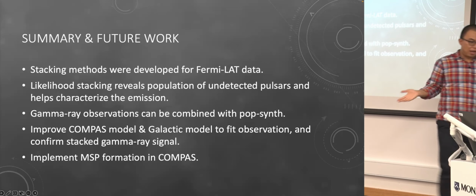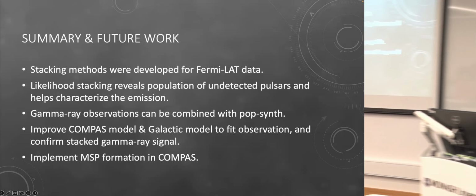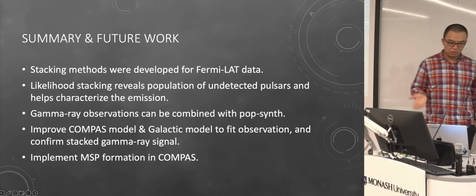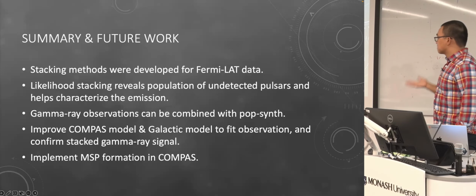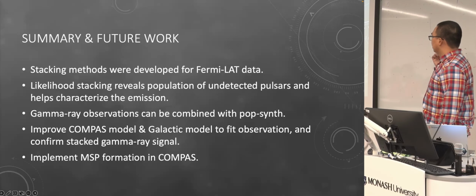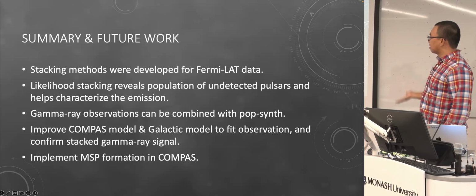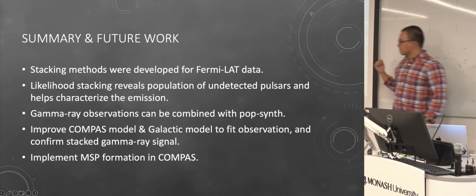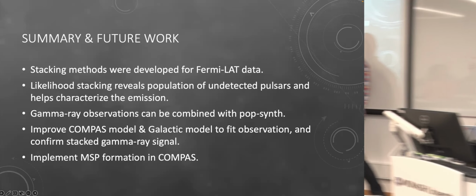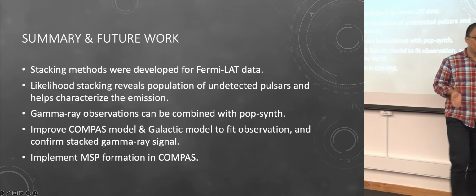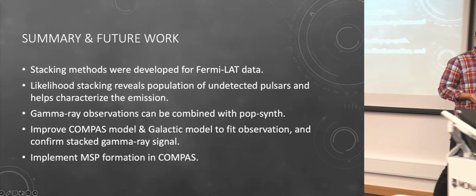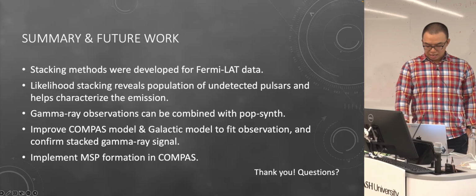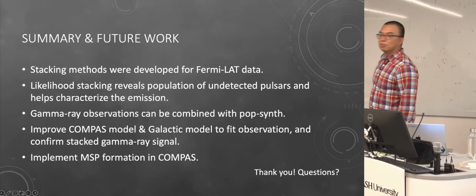I also talked about how we can use population synthesis, such as COMPAS, to explain the observed undetected population of pulsars. And hopefully we can also update COMPAS soon enough to implement millisecond pulsar formation and complete that part of the work as well. I will leave that there and take more questions.